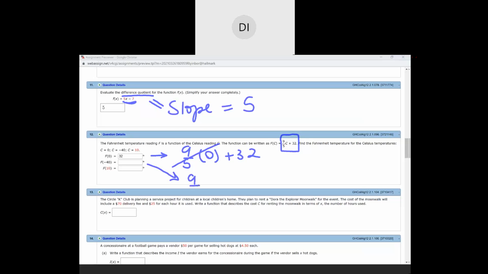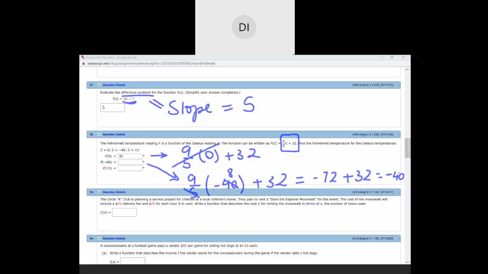So it's going to be 9 over 5, negative 40, plus 32. And you can reduce 5 and negative 40, which is going to be negative 8. So 9 times negative 8 is negative 72, plus 32 is going to be negative 40. Right?